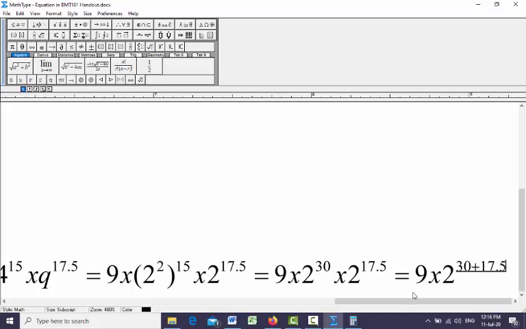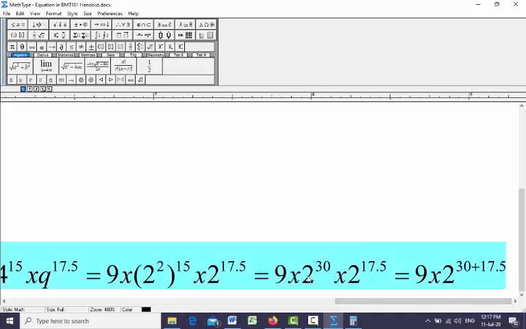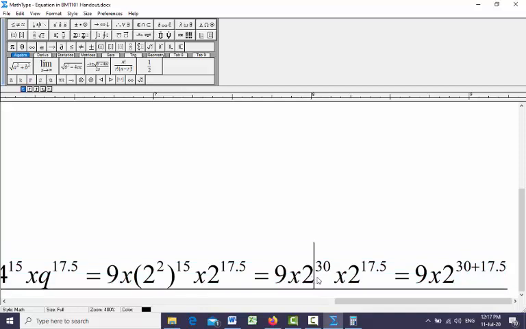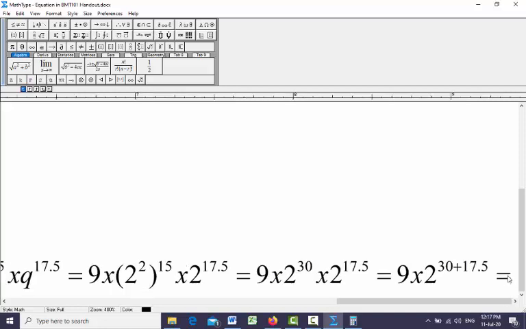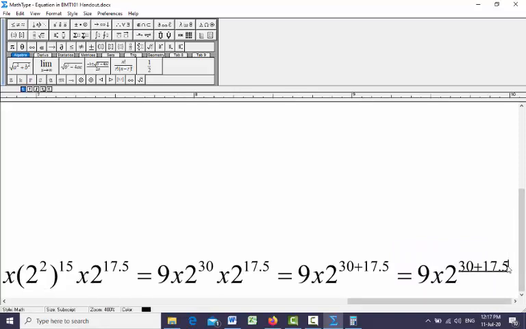Since the bases are same and we are doing multiplication, this power 30 and this power 17.5 will be added together. So what we will have in our hand is 47.5.